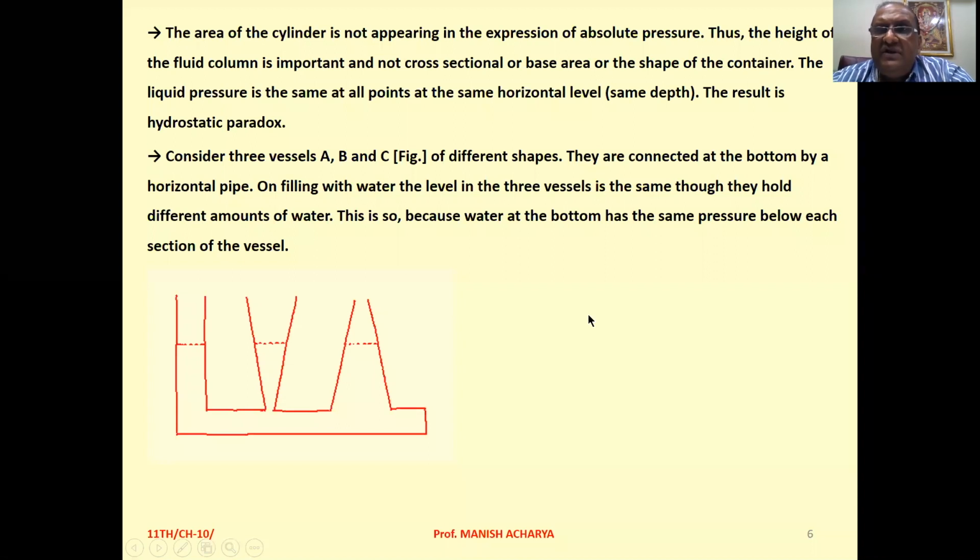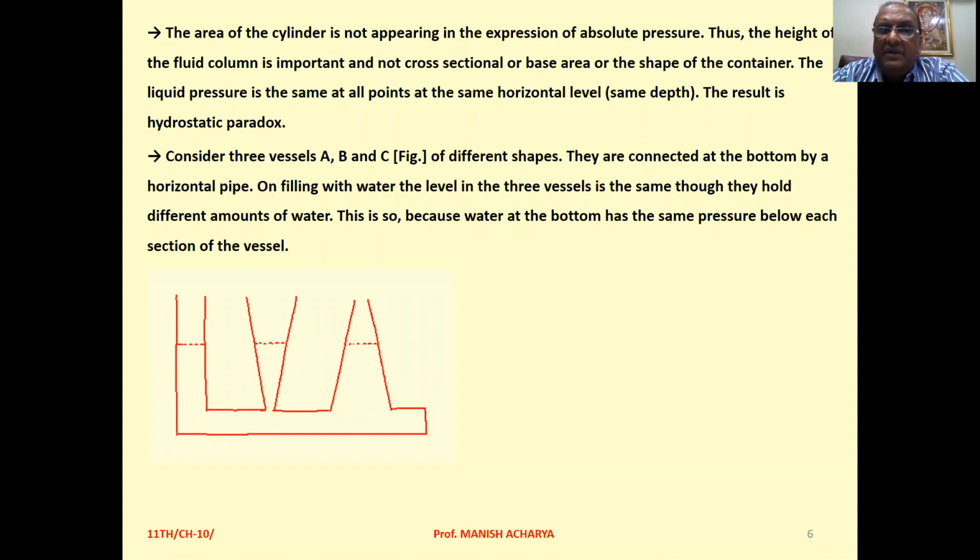The equation which we derived for the variation in pressure with depth, or in other words, the equation for the pressure exerted by the liquid column of height h. In that, only the height is important for the liquid. The shape of the container and the cross-sectional area are not appearing in the final equation. And therefore this particular result is termed the hydrostatic paradox.